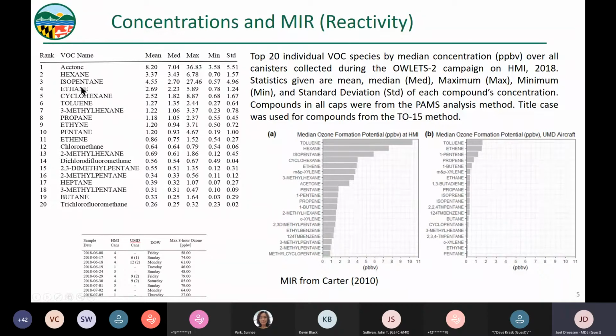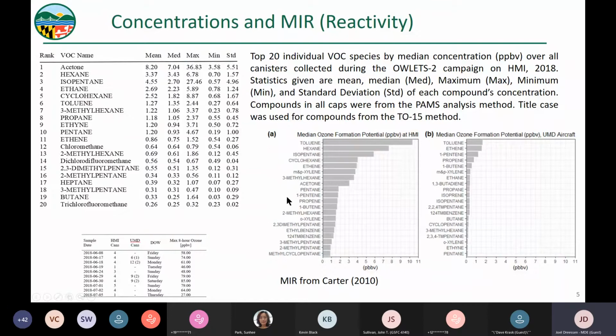Hexane, isopentane, there's a lot of alkanes that are out there. Then as we move down, you start to get into some global compounds, like chloromethane and difluoromethane, et cetera. Those are longer lived compounds found globally as well, but their presence is actually pretty large.